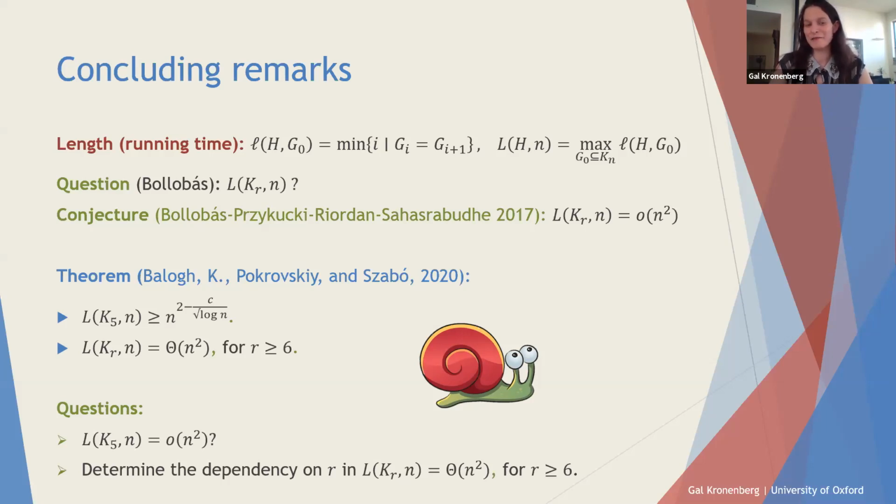And at least from our approach, it seemed like there is no way to avoid it, because of these three edges that intersect and create a copy of K5 minus an edge, and also the fact that K5 minus an edge is just two copies of K4 intersecting in a triangle.